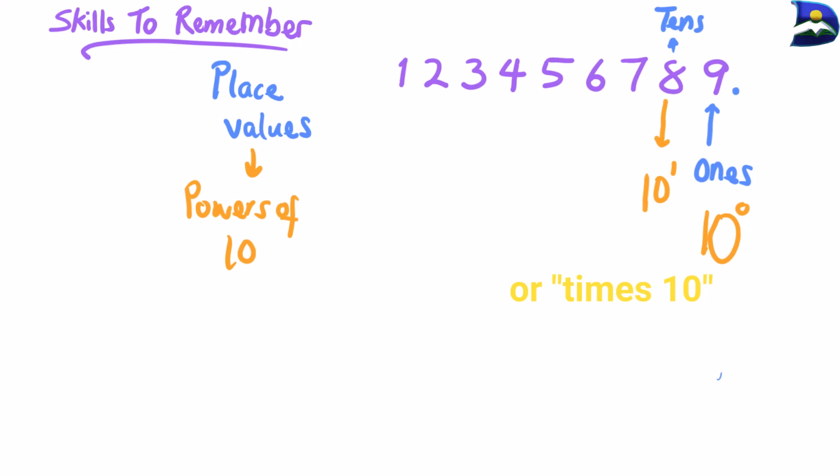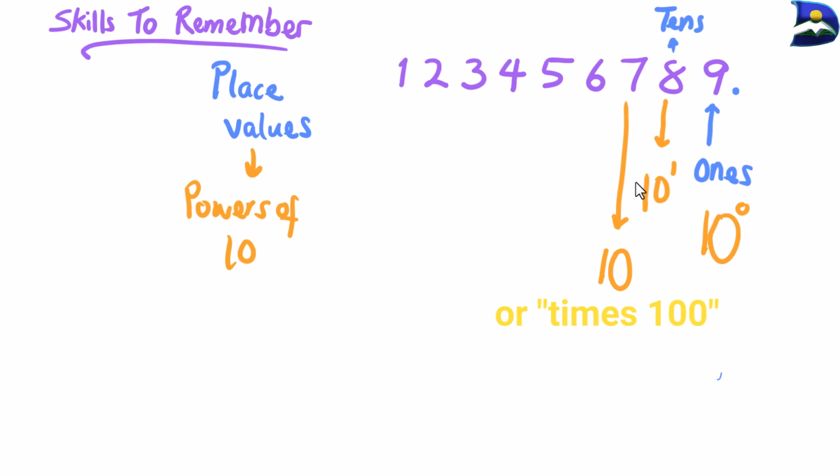And this continues going from right to left where our powers increase, and for 7 it is in the position of 10 to the power of 2. 6 is 10 to the power of 3, which is the thousands, and then the 10 thousands is for 5, which is represented as 10 to the power of 4, and so on and so forth.